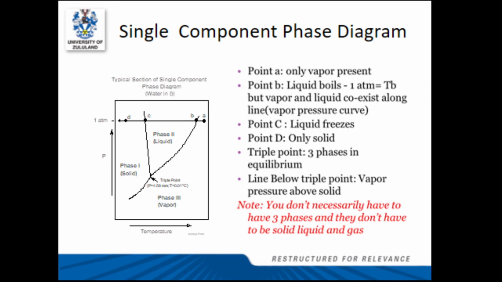And we also have point C. At point C, the liquid freezes. Below that point C, we also have the triple point, and at the triple point, three phases coexist in equilibrium. And the last point is point D, where only solid occurs.